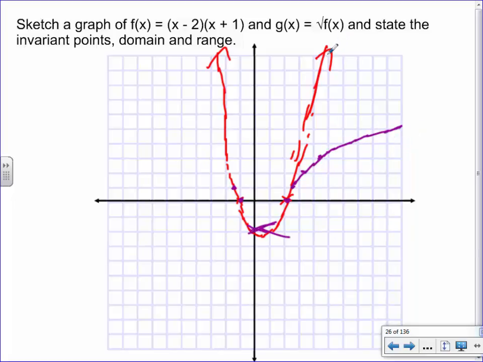Like all of these red points have been dropped downwards because when you square root a large value, it becomes smaller than it used to be. That same logic then applies over here on this side as well. All of these points will kind of fan out this way because they're all getting compressed down by a factor of a square root. Your 9s become 3s, your 4s become 2s, your 100s become 10s.